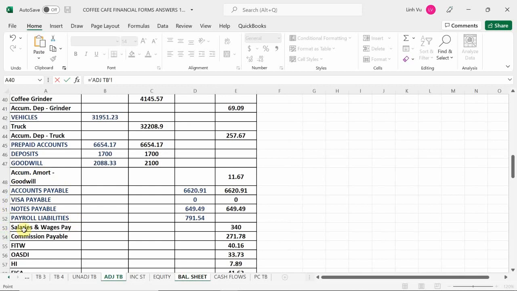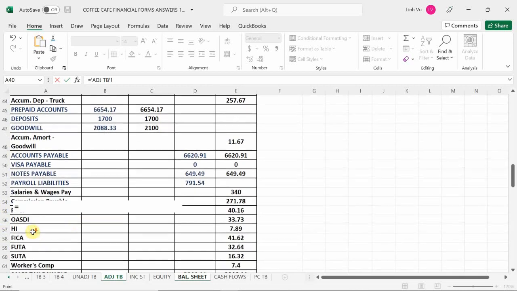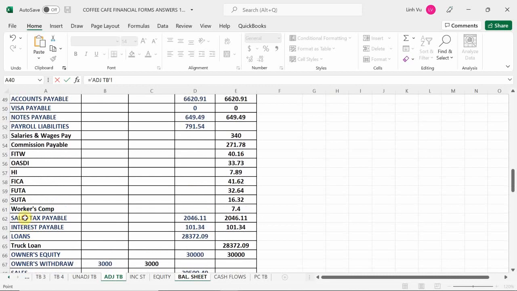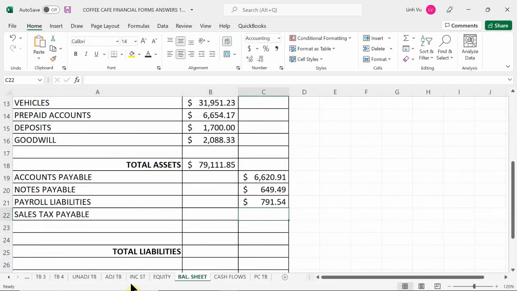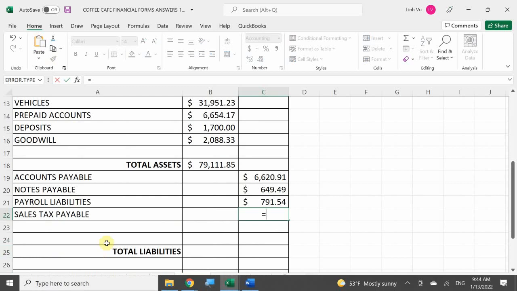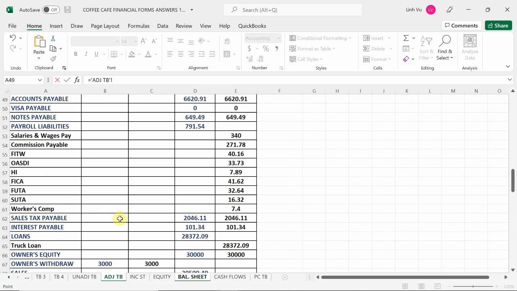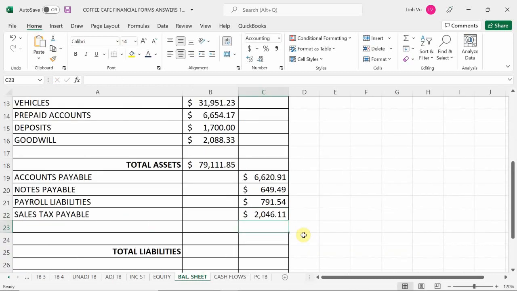And then we have sales tax payable, which is for the 2046.